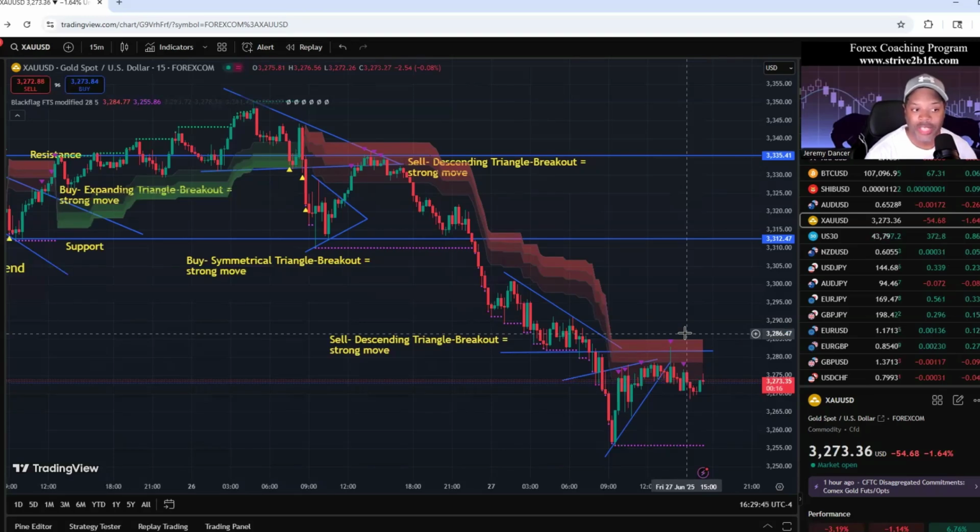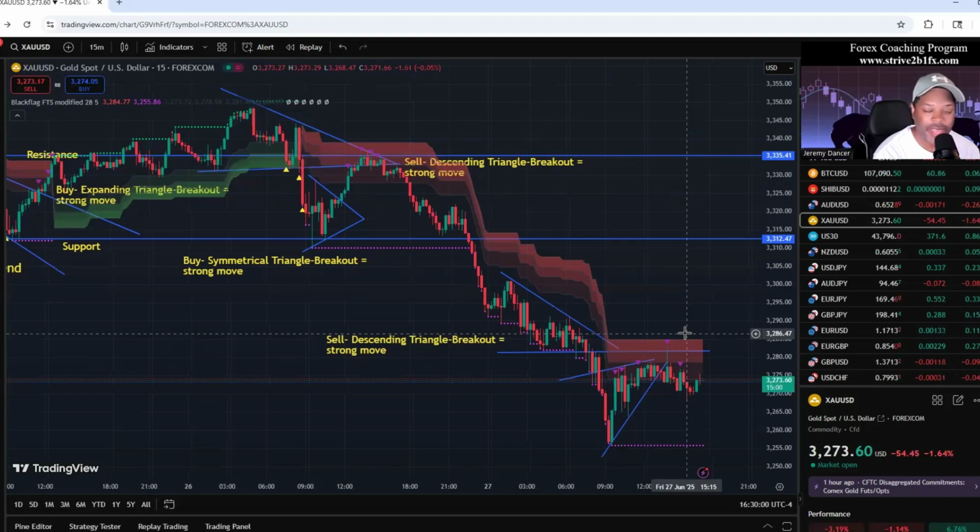So I find this to be very helpful in that regard. And just keep in mind, math does not lie. So if you want to know how to use geometry in trading, this right here is how you do so.